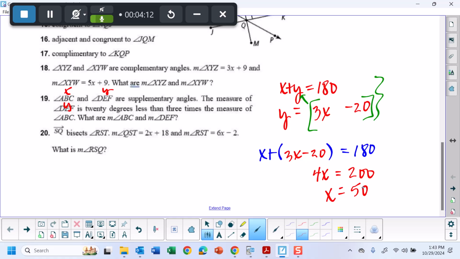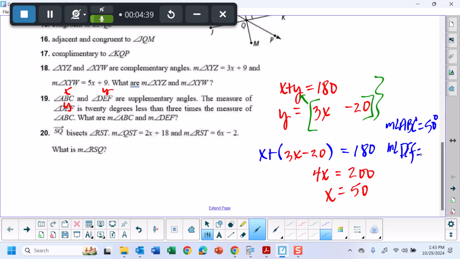When they want the measures of the angles, I go back in. If x is equal to 50, then the measure of angle ABC is 50 degrees, and the measure of angle DEF is going to be equal to its supplement, which is 130. Okay.